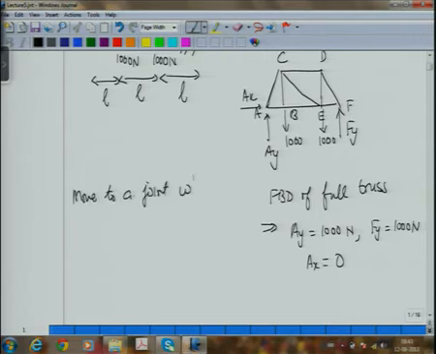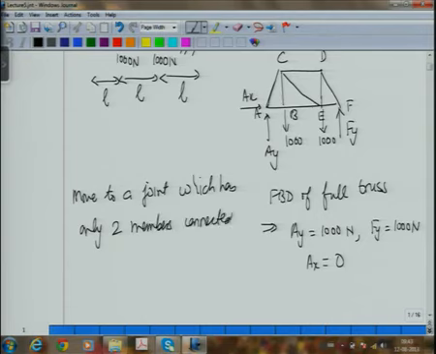So, having done this, we move to a joint which has only two members connected to it. Now, in this case I have two options, either I can move to point A or to point F. That is the joint where there are two members connected.